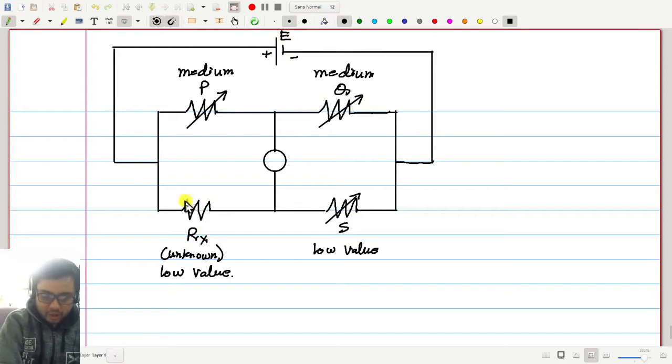Now we have these junction resistance problems. So we will use a 4-terminal resistance box for this Rx. Rx is a low value resistance, so it should be a 4-terminal resistance, and let this be one terminal, another terminal. Here also I will have 2 terminals.